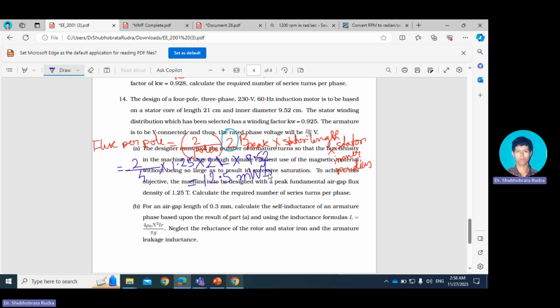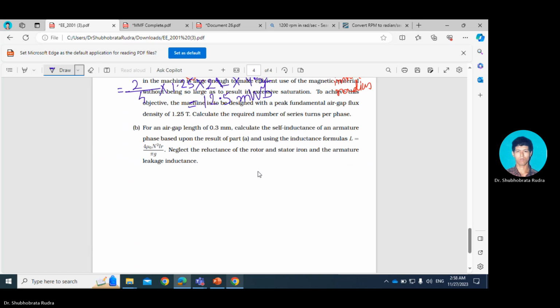And once you find out the flux, then you can find out the number of turns, which is given by, which is, I'm writing so many alphabets because people often ask, in this material we have this, in this material we have this, so better write all of them together.